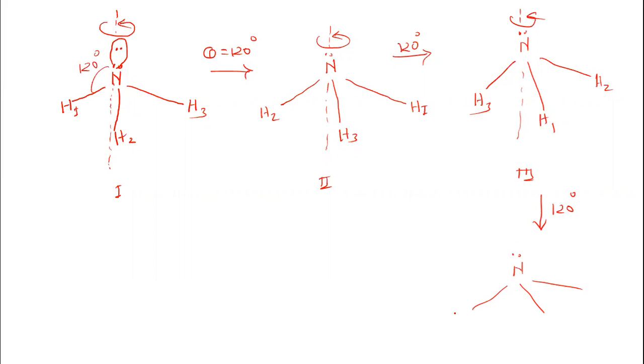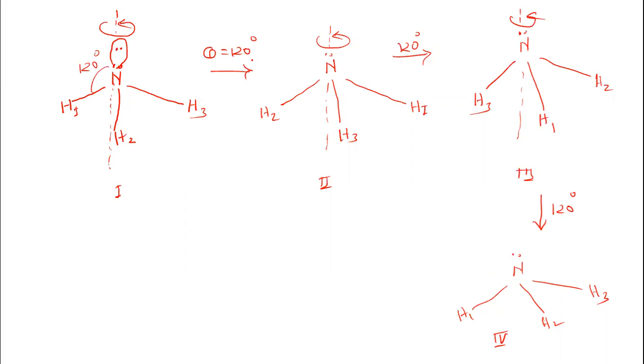Now hydrogen 1, hydrogen 2, hydrogen 3 can be labeled like this. Actually all three hydrogen atoms are the same, but we have to label them. This fourth configuration is identical. This is the first symmetry operation, the second, and the third.